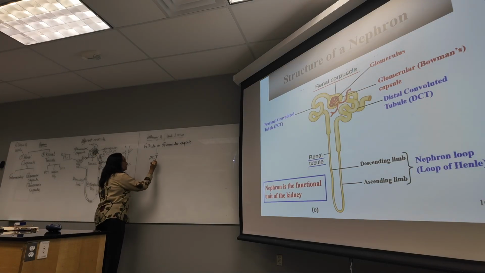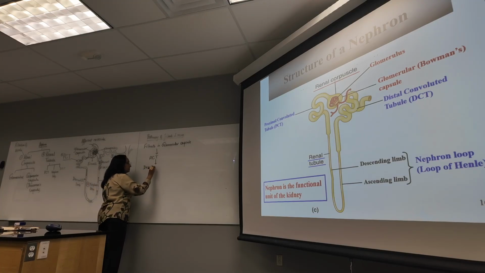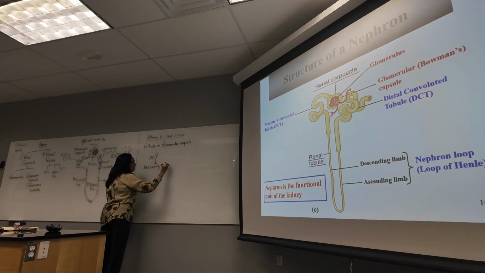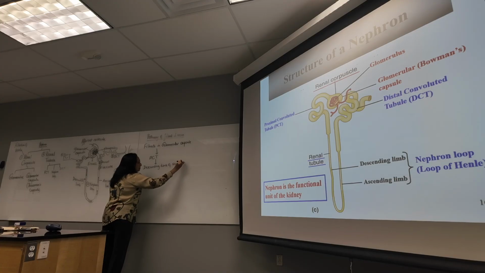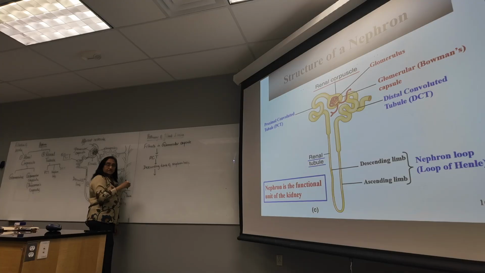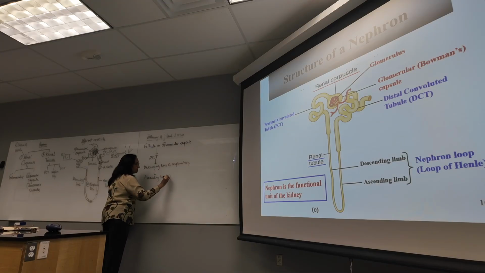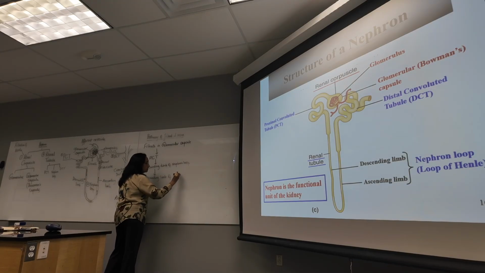From the proximal convoluted tubule, the filtrate is going to enter the descending limb of the nephron loop. Next, it is going to go into the ascending limb of the nephron loop.